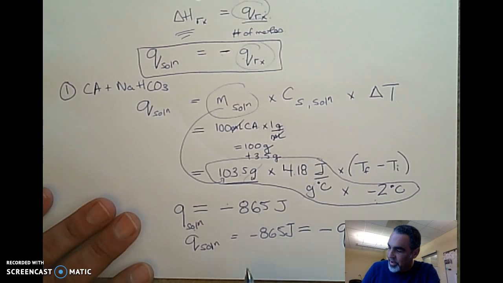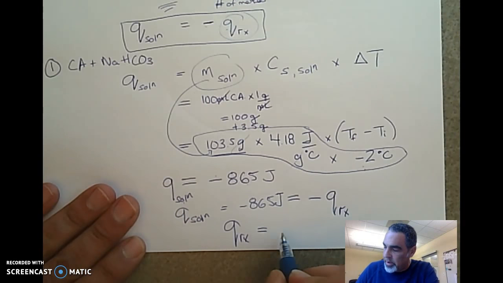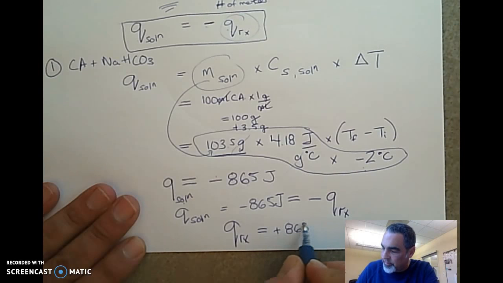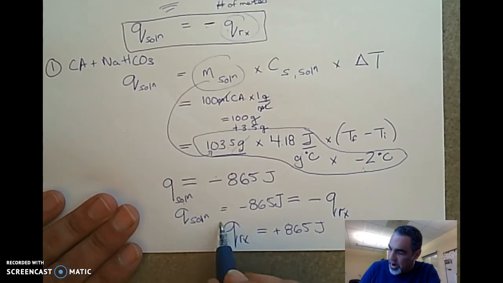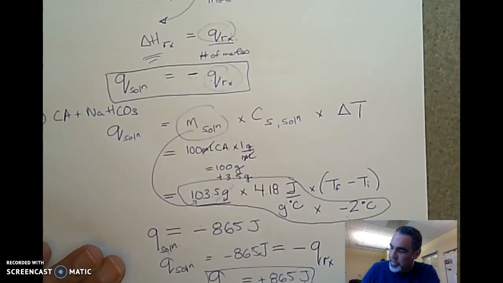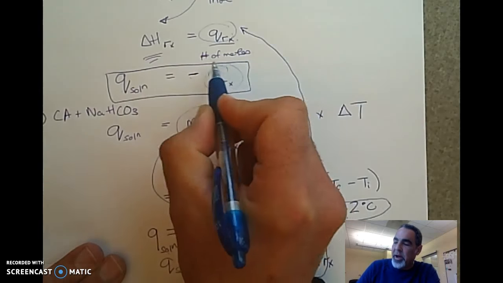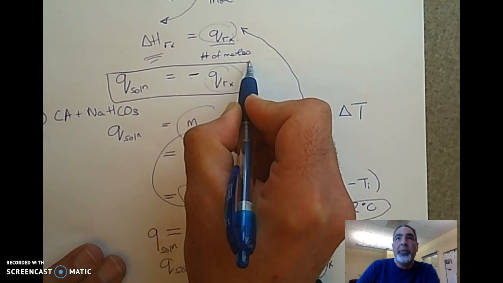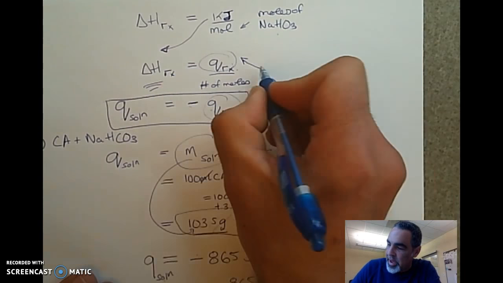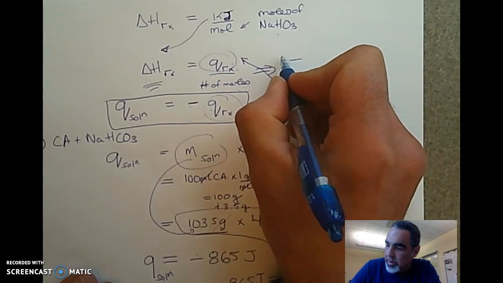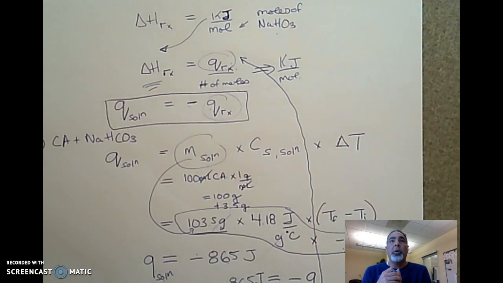I'm just going to change the sign here. Q of my reaction will now equal positive 865 joules. I'm almost there. I have Q reaction. What I'm going to do with that is go way back up here, divide that by the number of moles of my sodium bicarbonate, and make sure that eventually gets into kilojoules per mole. And that's where I can end.